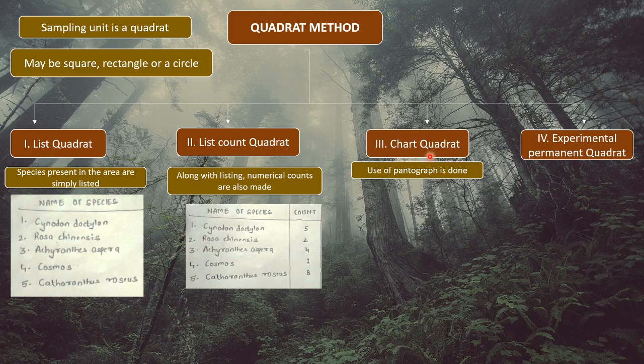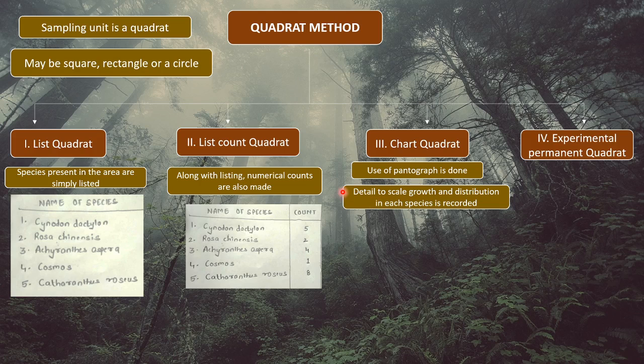Then chart quadrat is a method where we show the cover of the species over a graph paper. Here an instrument called a pantograph is used. So the pantograph is used to identify the cover of the species in an area, but the pantograph is a big instrument.